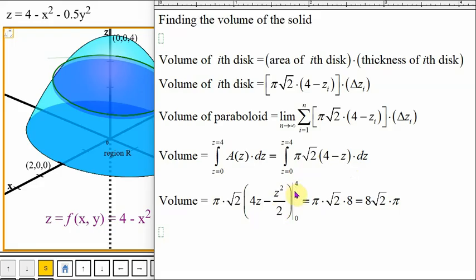When z is 4, we end up with 8, and when z is 0, we just get 0. So the final answer is 8 times the square root of 2 times pi.